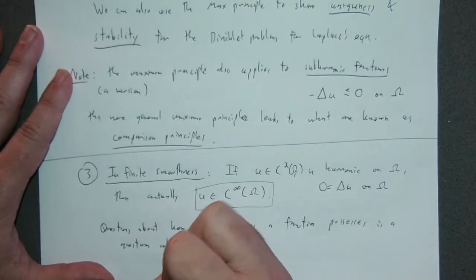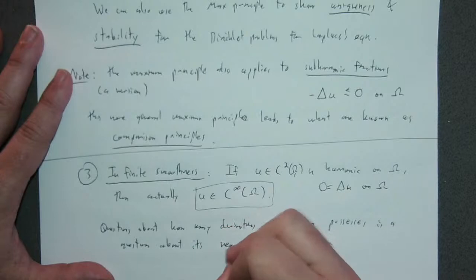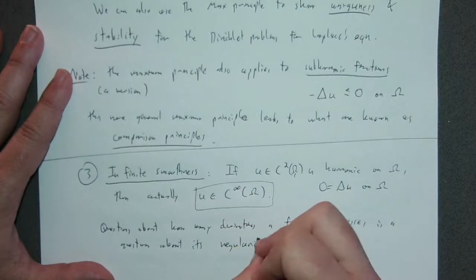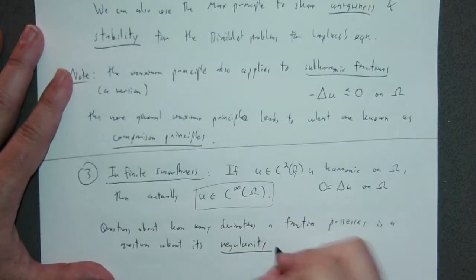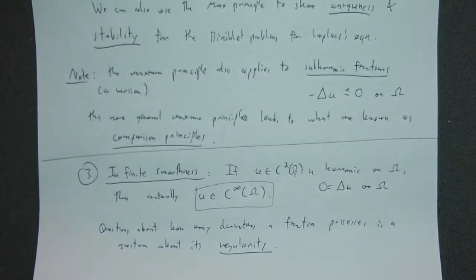about its regularity. I've used this word quite often already in this course, but I don't know if I've ever actually written that out. When I talk about a function being regular, or I ask you about its regularity, what I mean is how smooth it is. Maybe you have a function that only has two continuous derivatives, but not a third.